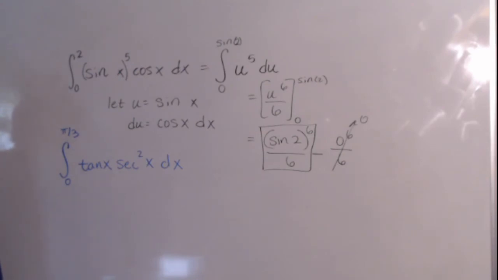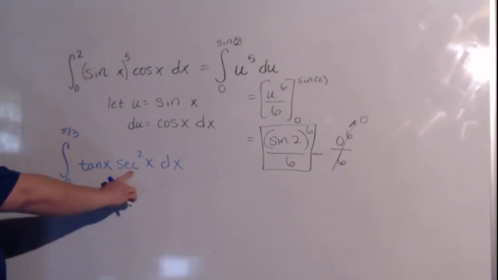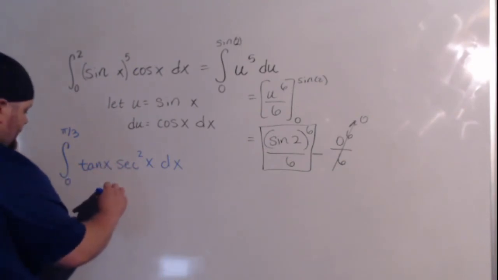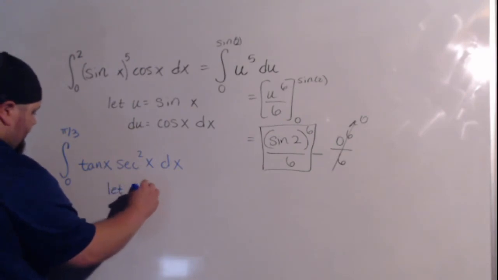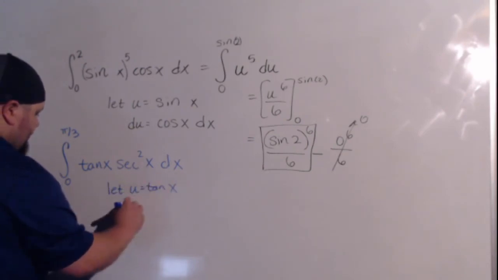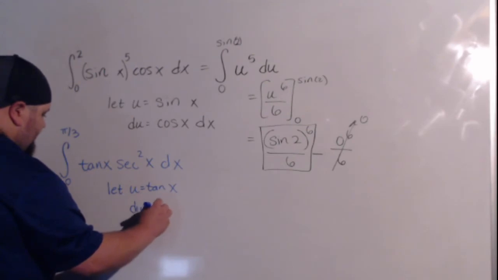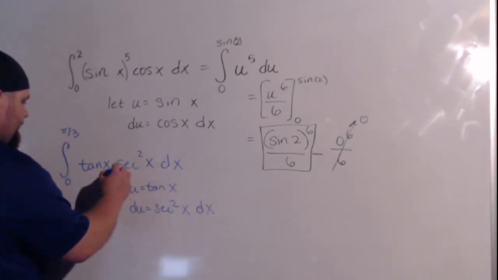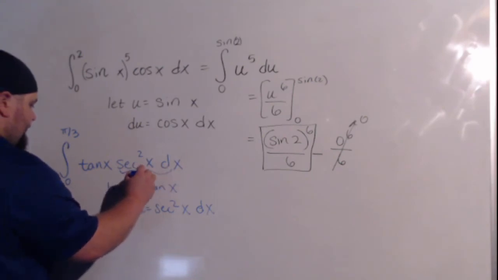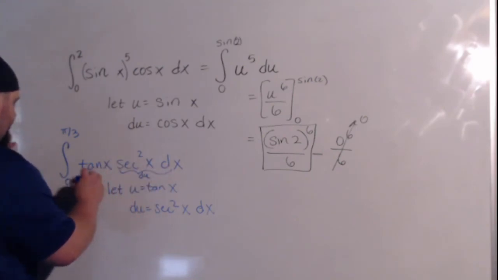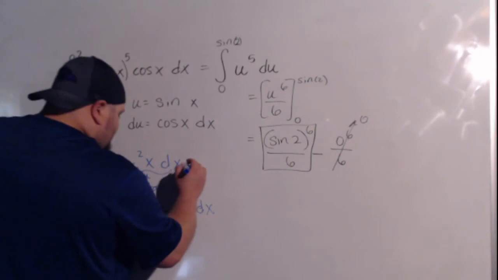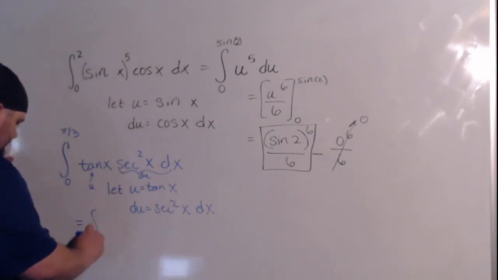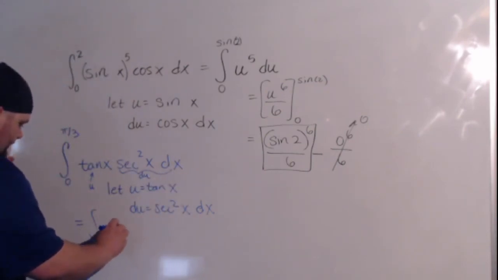So again, we're looking for a function whose derivative appears. The derivative of tangent is secant squared. So if I let u equal tangent, du is very easily secant squared dx. So all of that is du, and that is u. And therefore this is very easily translated into u du.